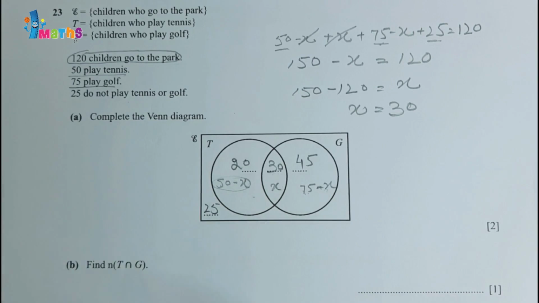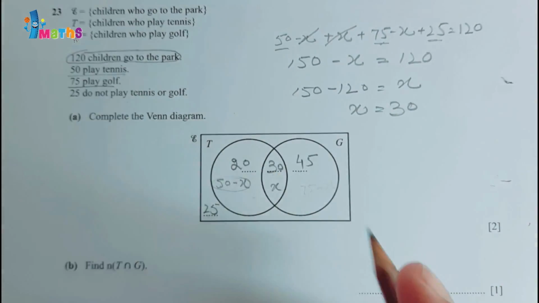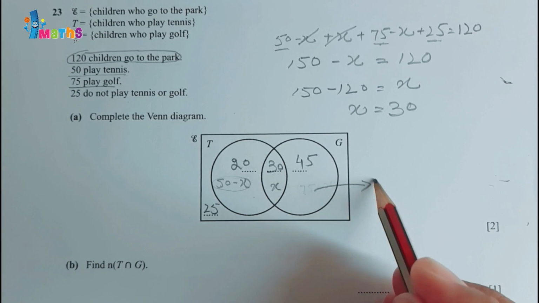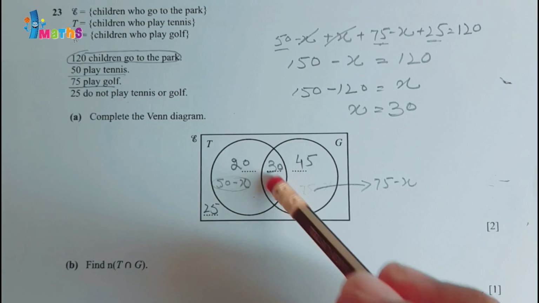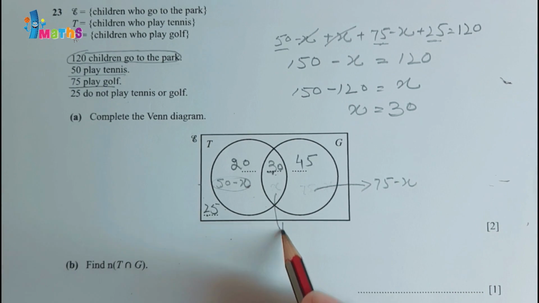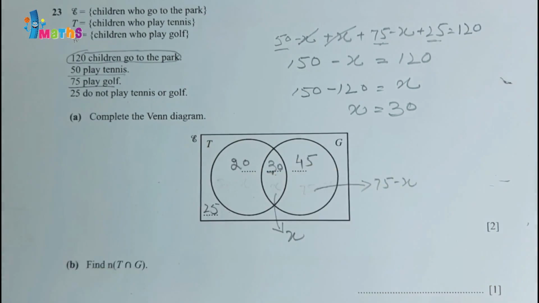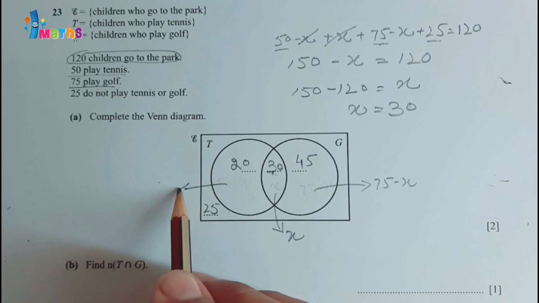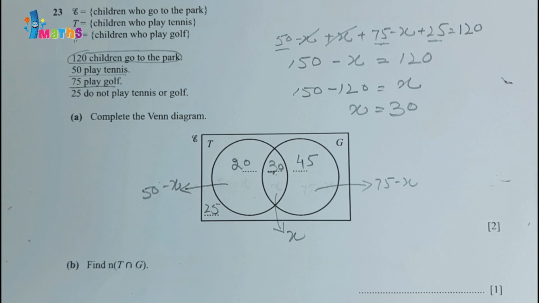For example, if I erase this one, I can show the same number like this one, 75 minus x, and the x number I can erase and show outside here, and similarly 50 minus x I can show outside. So this will be our answer.